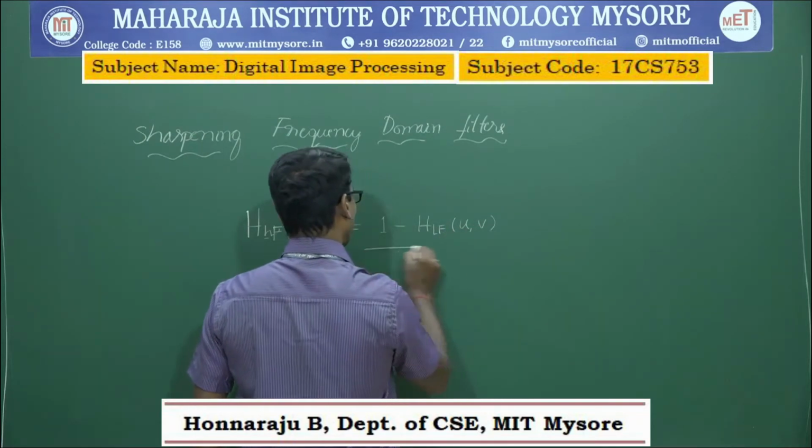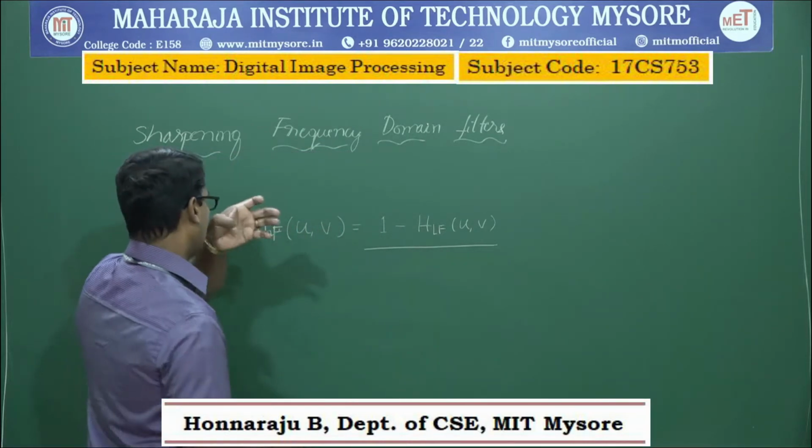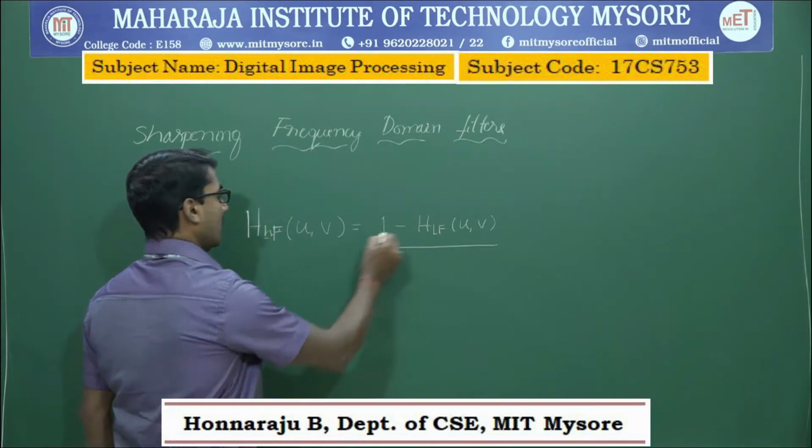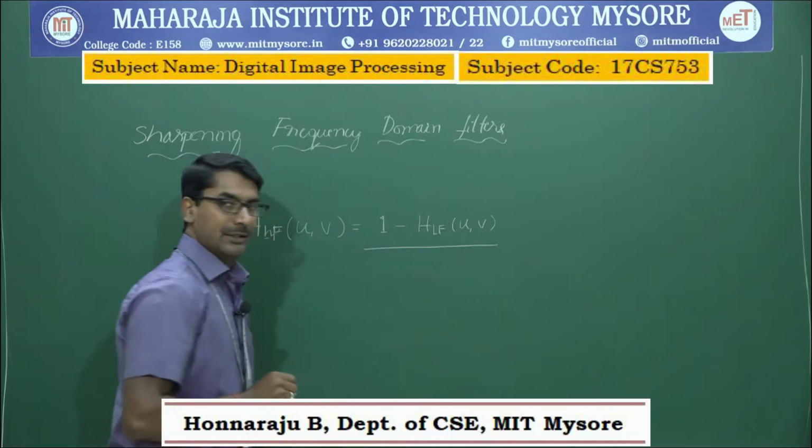So this is the inverse of the low pass filter, that is, the smoothing filter: 1 minus the low pass filter output.